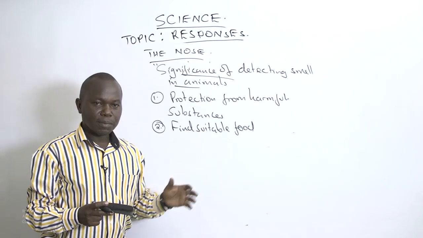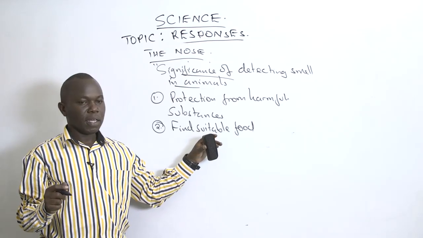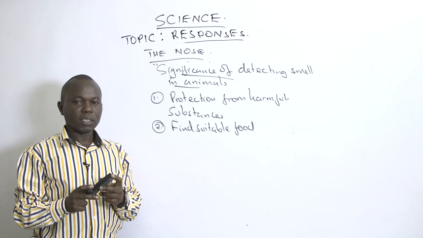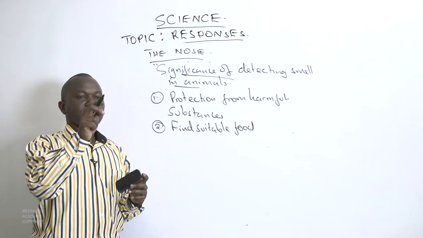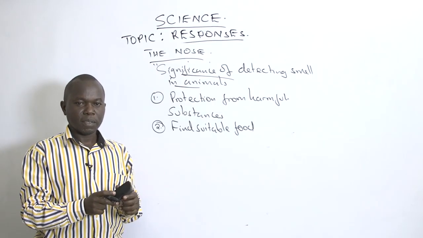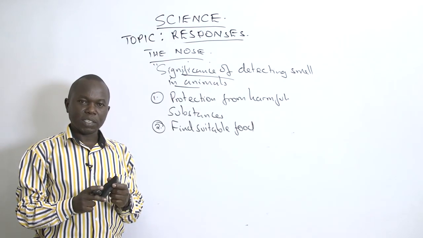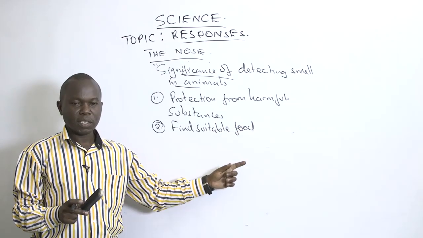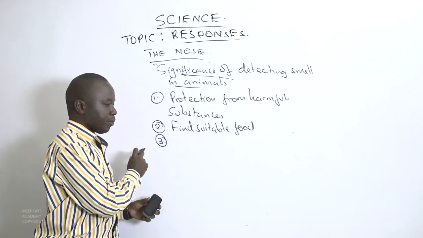And for wild animals, like a lion, to detect where the antelope is, it is going to use the olfactory sense, so that it can detect that in this direction we have an antelope, and not go in the direction where we have an elephant, which is very difficult to kill. So it will rather go to the suitable food, the antelope.